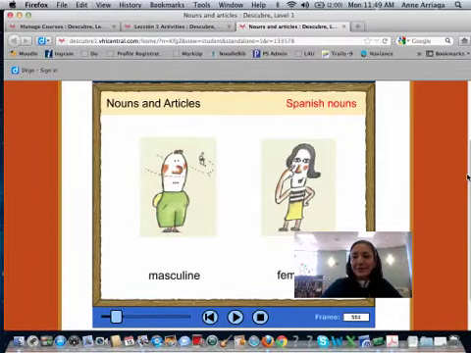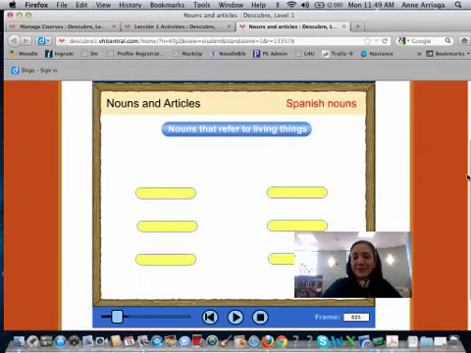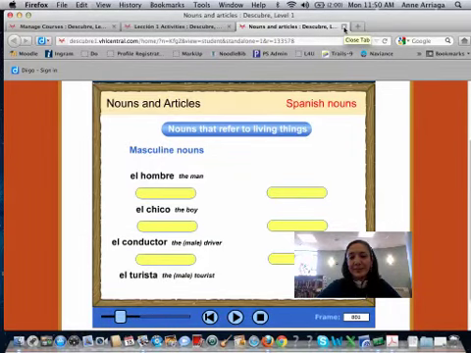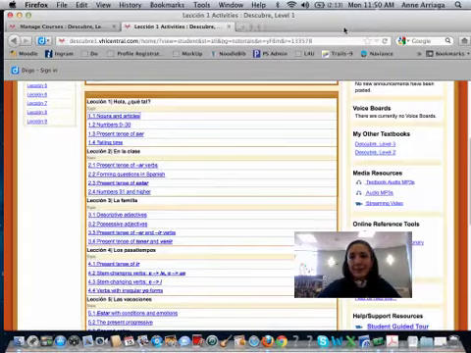To understand this, let's look first at nouns that refer to living things. In general, most nouns that refer to males are usually masculine. El hombre, el chico, el conductor, el turista. Most nouns that refer to females are feminine. La mujer, la chica, la profesora.